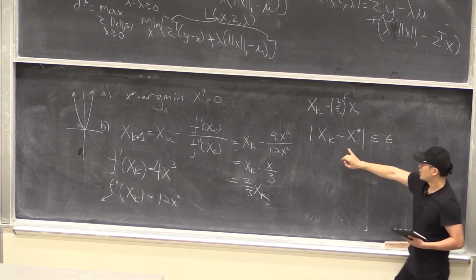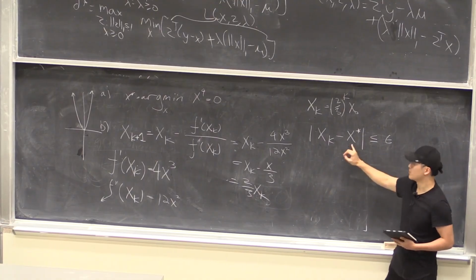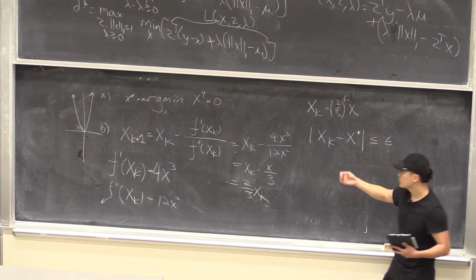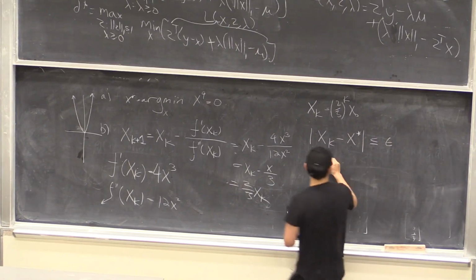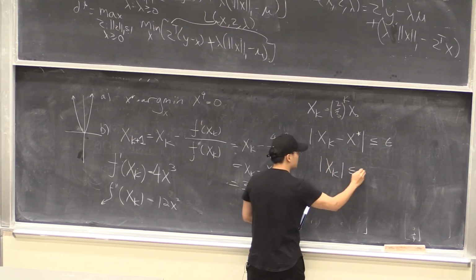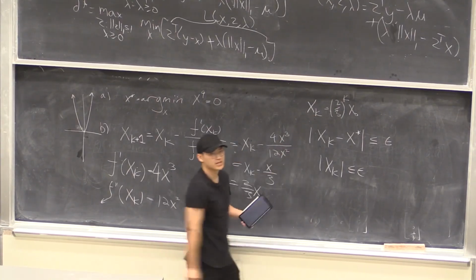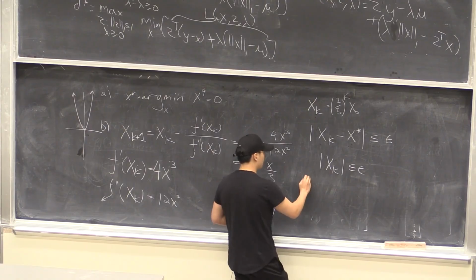So how many steps does it take to get to a distance epsilon from the optimal? Now we know that the optimum from part A is just 0. So we're basically just trying to solve for x_k. We have figured out what x_k is, and we can just plug it in.